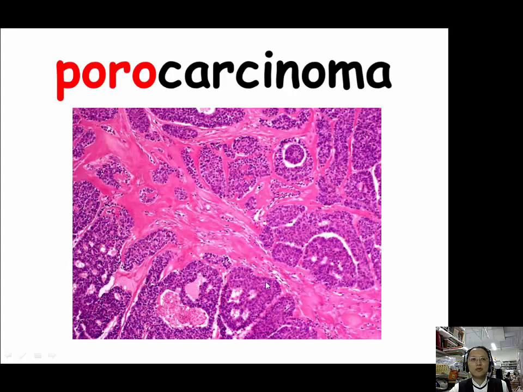Our example for poro is porocarcinoma. Porocarcinoma refers to a rare type of skin cancer arising from sweat glands, like we show here in this picture. It is a biopsy of a porocarcinoma of some person.